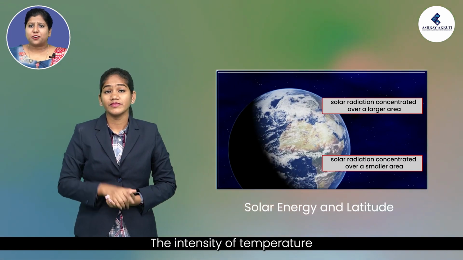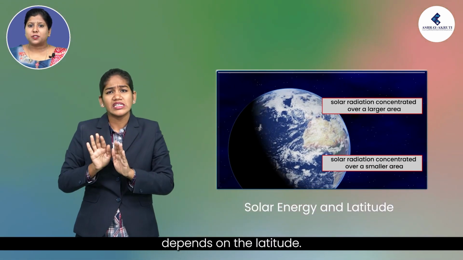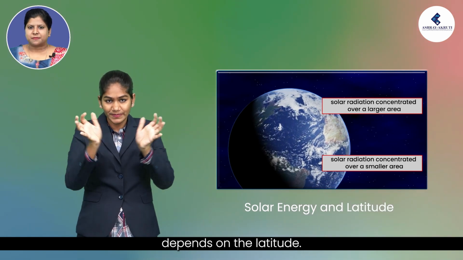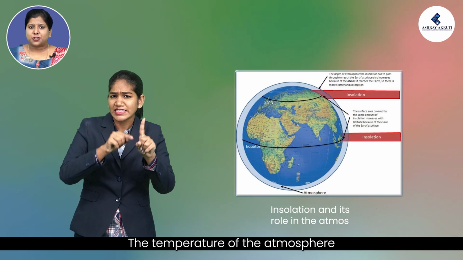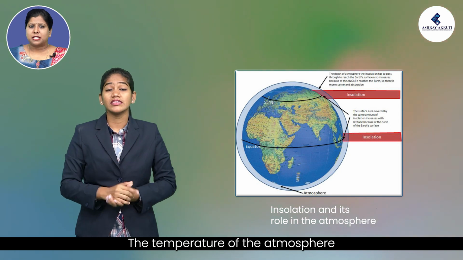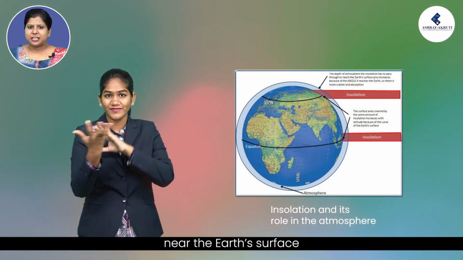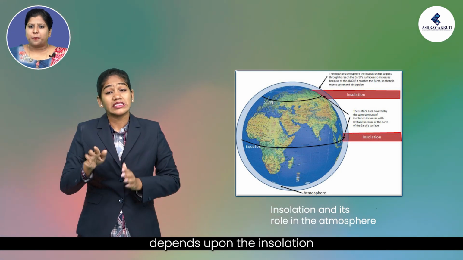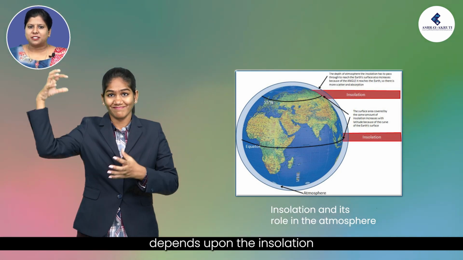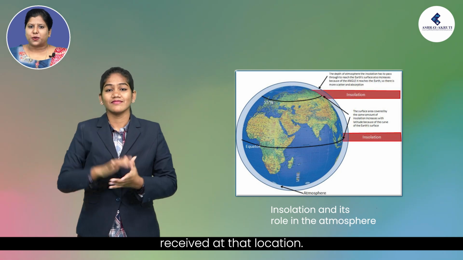The intensity of temperature depends on the latitude. The temperature of the atmosphere at a particular place near the Earth's surface depends upon the insolation received at that location.